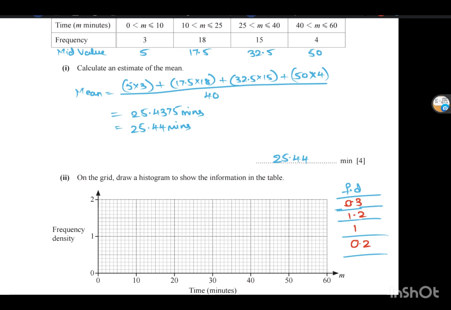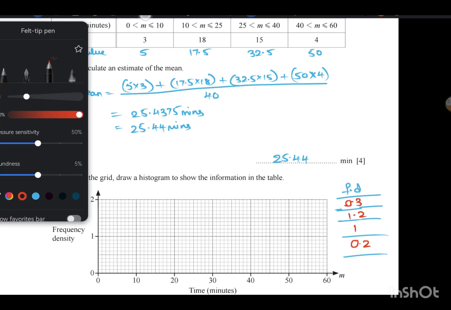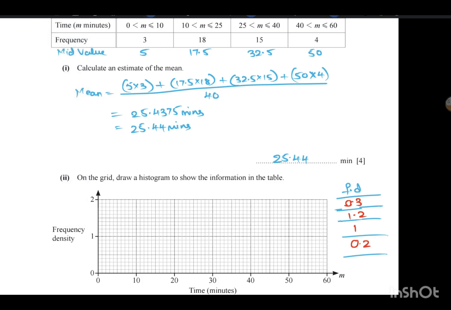So now take these frequency densities and try to draw the histogram. The first class is 0.3. 0.3 will be this line, after 0, 1, 2, 3, the third line. Then the 1.2, so after 1, the second line. Join this.